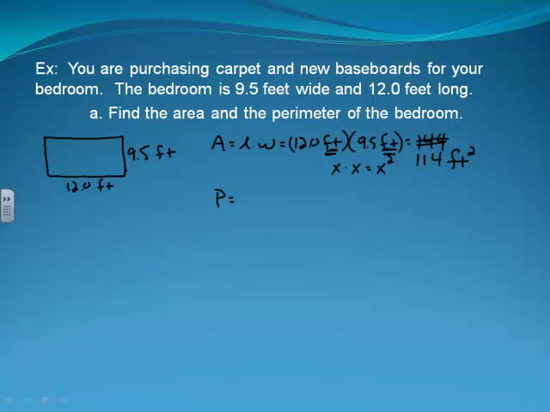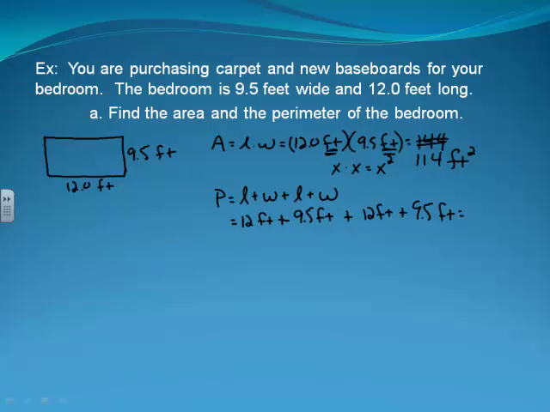Perimeter, on the other hand, is simply adding up all the sides. So length plus width plus length plus width, which in this case would give you 12 feet plus 9.5 feet plus 12 feet plus 9.5 feet. Okay, let's do the numbers first.